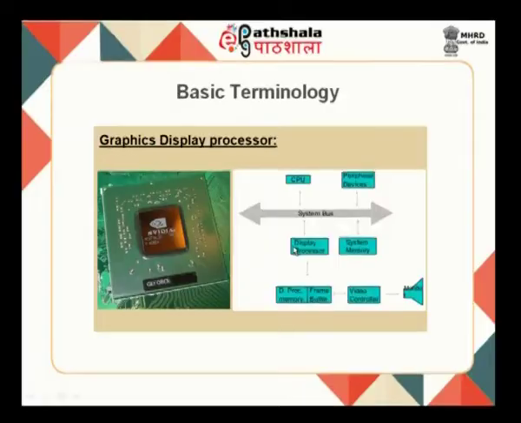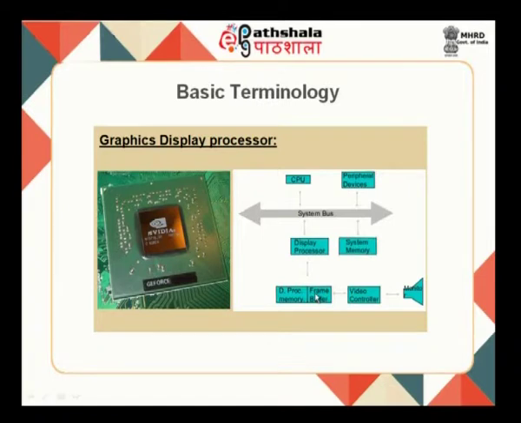If you see the architecture of the display processor, there is a system bus, there is a display processor, and the display processor has its dedicated memory, the display processor memory, and there is a frame buffer.